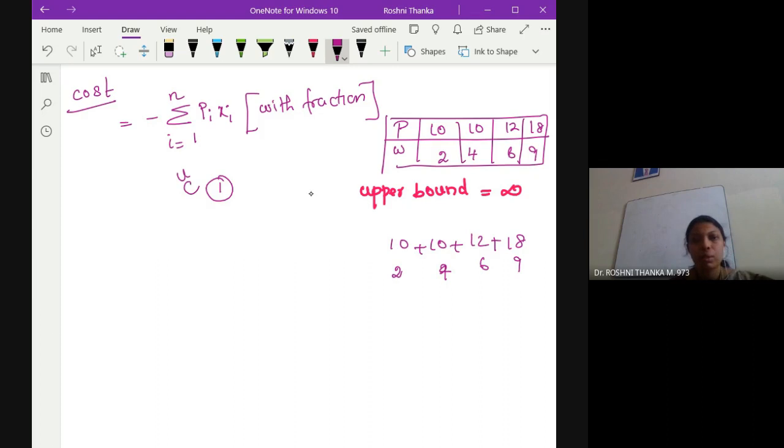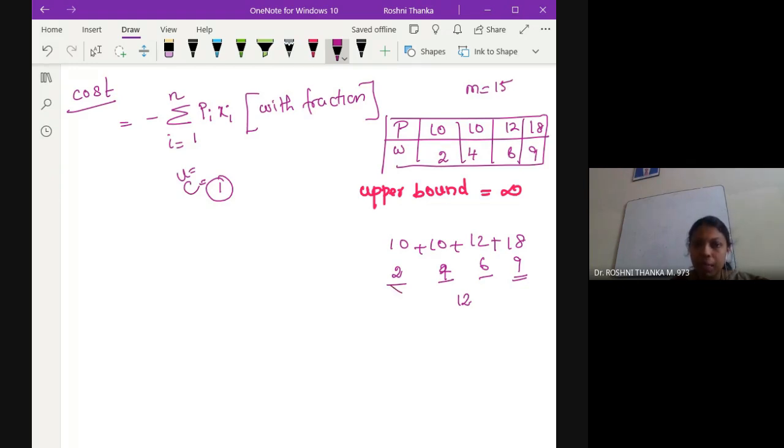Okay, so we want to calculate the upper bound, and also we want to calculate the cost. Here let us consider the first item, then the second item. When we consider the third item, what will be the weight? 2 plus 4 is 6, 6 plus 6 is 12. But the maximum capacity, the M value, is 15.